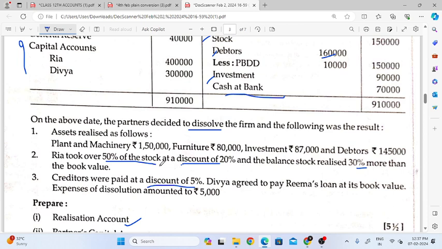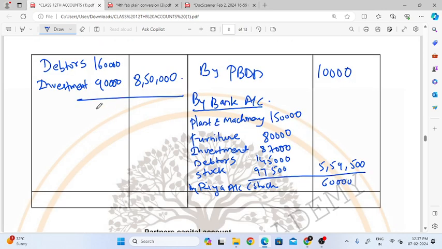So 1,10,000 minus 5,500 is 1,04,500. Here we are going to write to bank, because we have to pay the liabilities also now. So creditors 1,04,500.